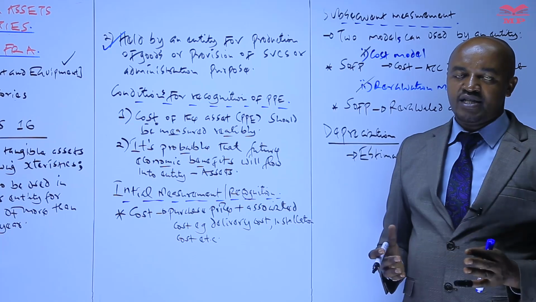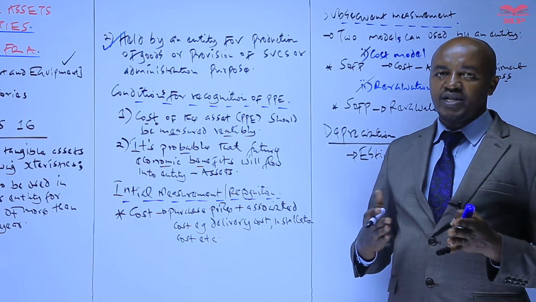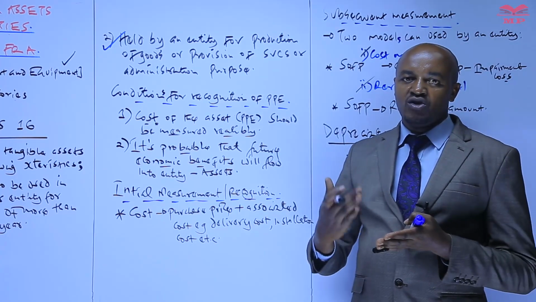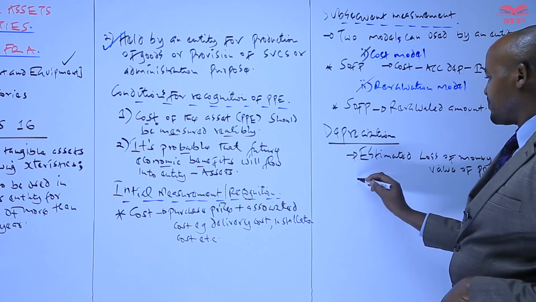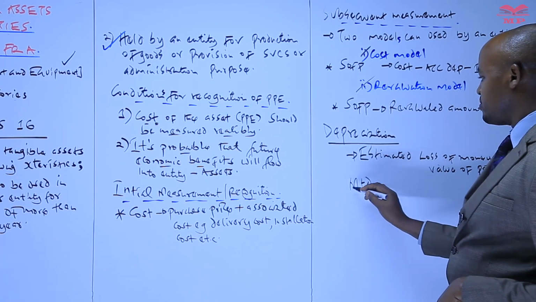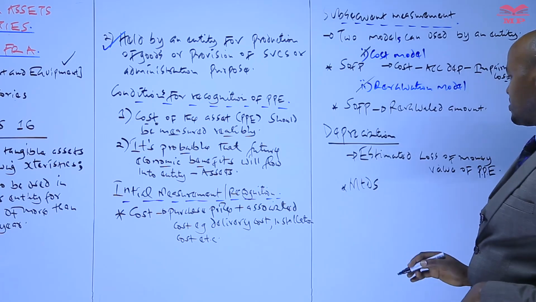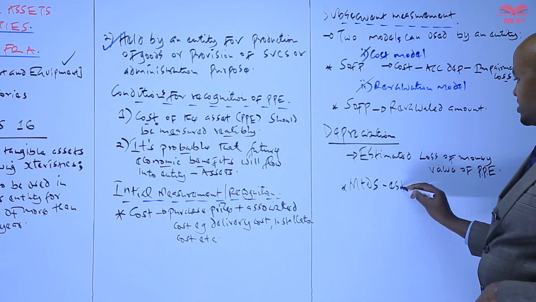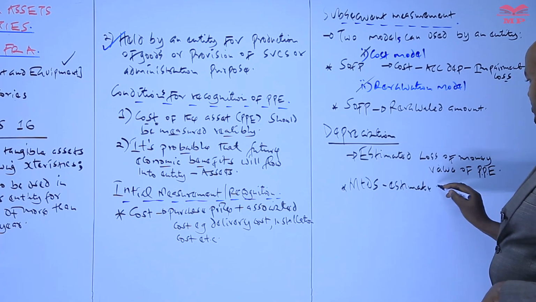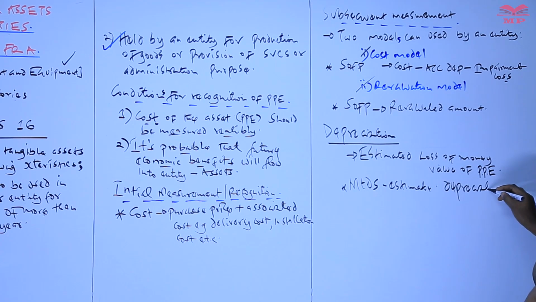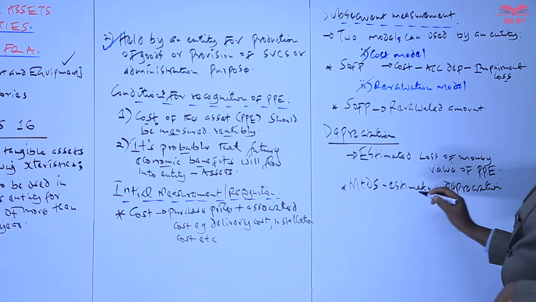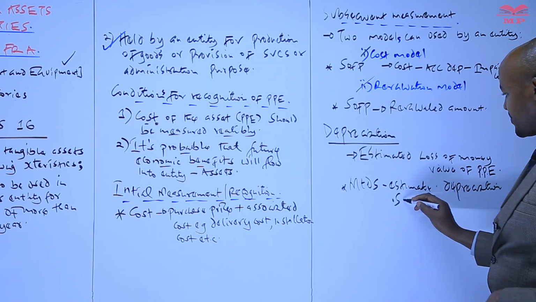So an entity at the end of each year is expected to estimate the loss of money value of the asset. And whenever an entity is doing that, there are two main methods which can be used to estimate the depreciation of assets. Those two methods include, number one, the straight line method.